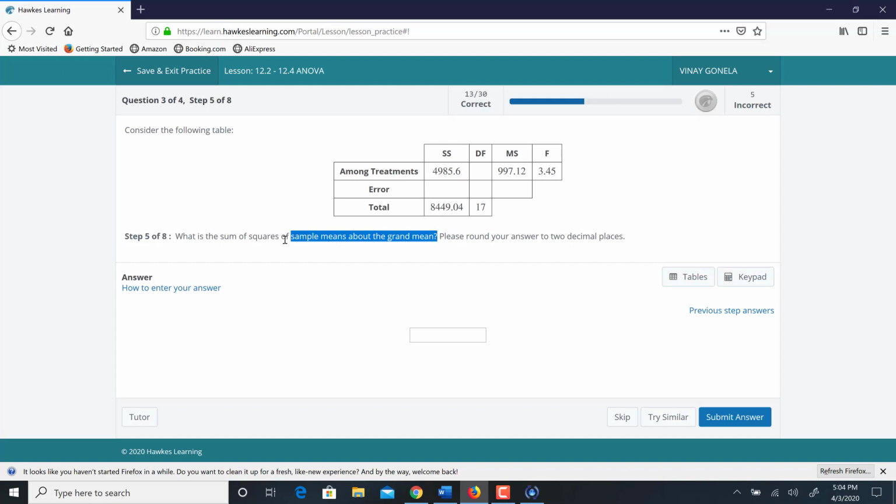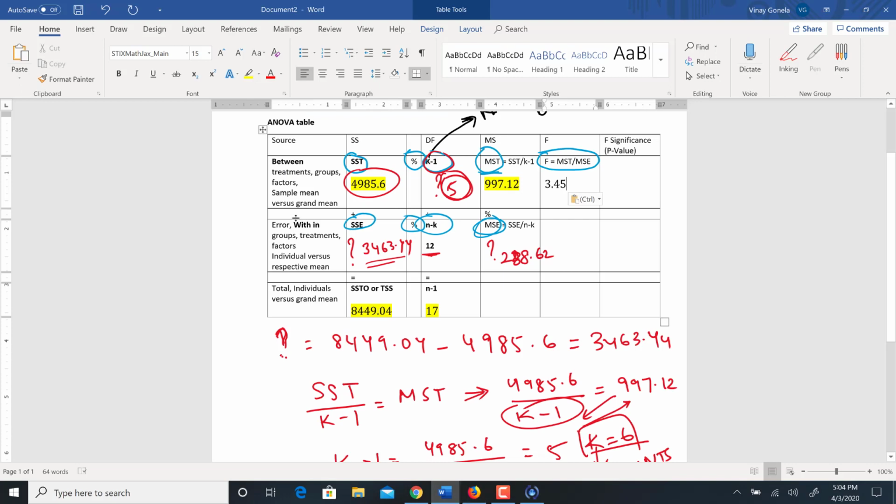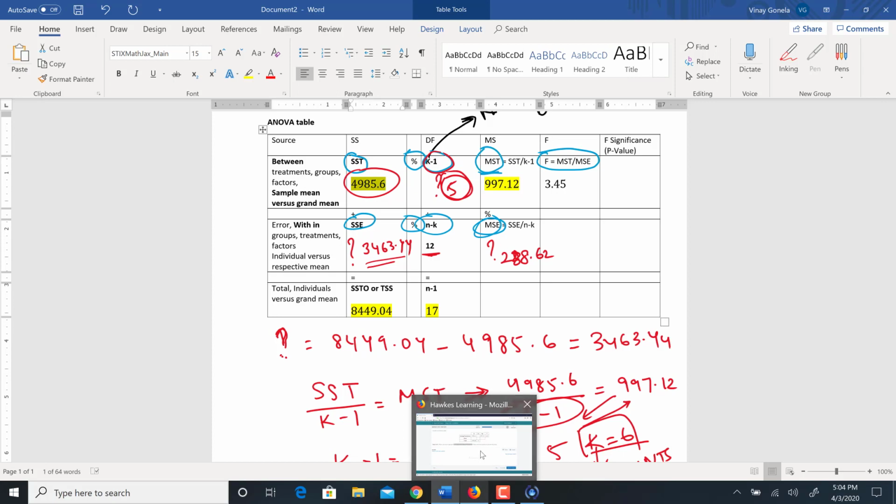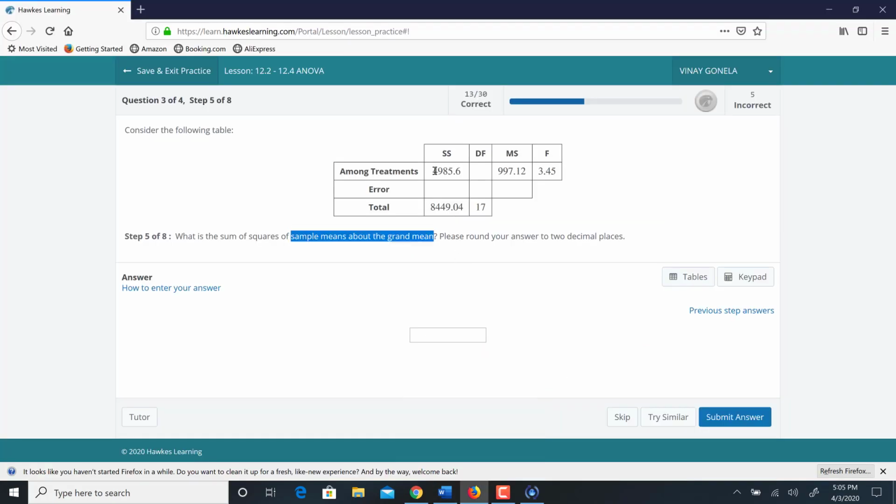So they are asking you the sum of the squares of sample means about the grand mean. So this is sample mean versus grand mean, you see, and the sum of the squares would be this value. So whatever value is in the first column, that is what it is.